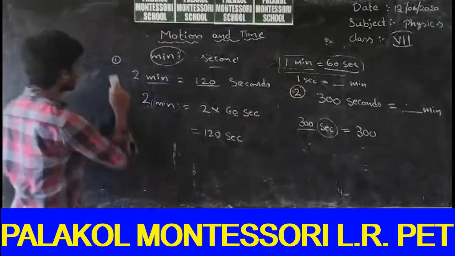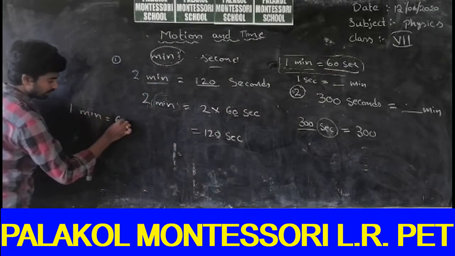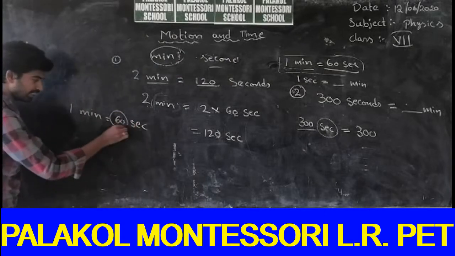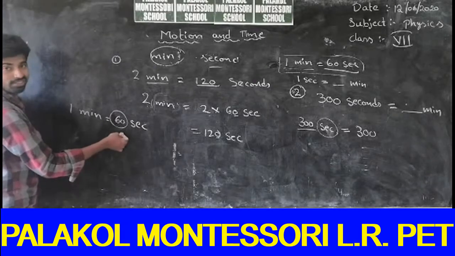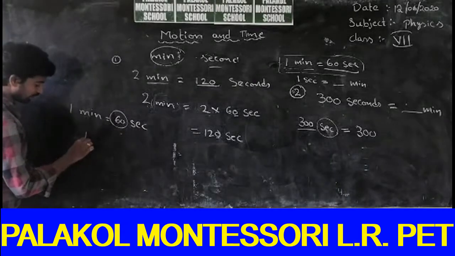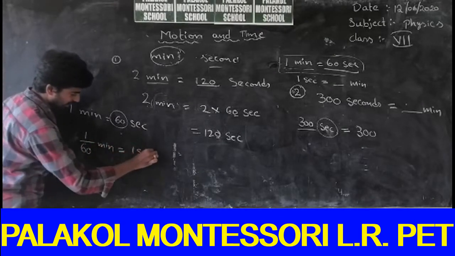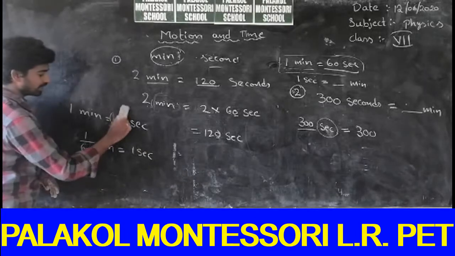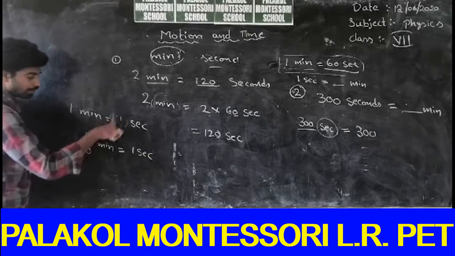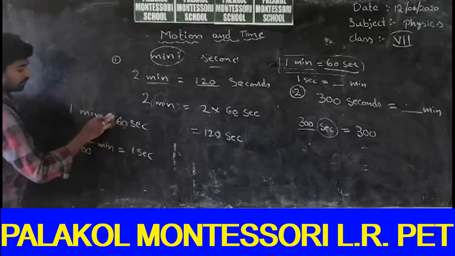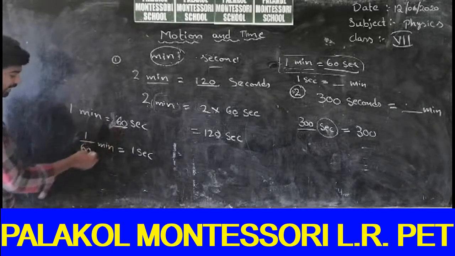To know that, what we know is 1 minute is equal to 60 seconds. So just bring this 60 to this side. Here 60 is in the numerator. If you bring this 60 to the left hand side of the equation, it will go into the denominator.